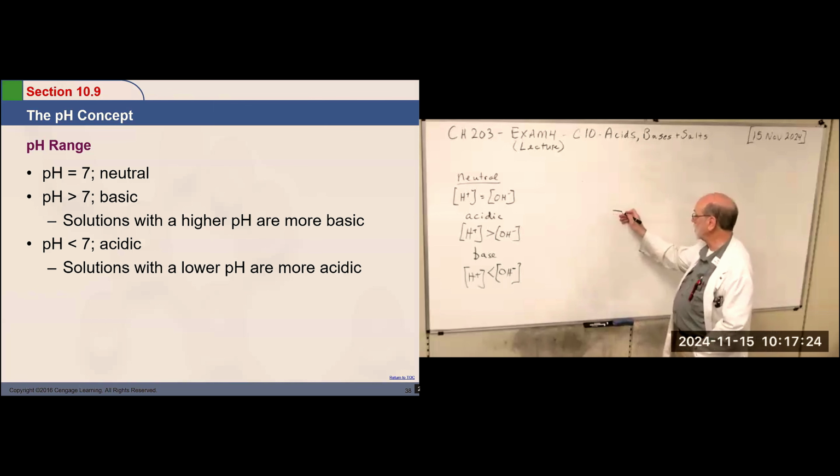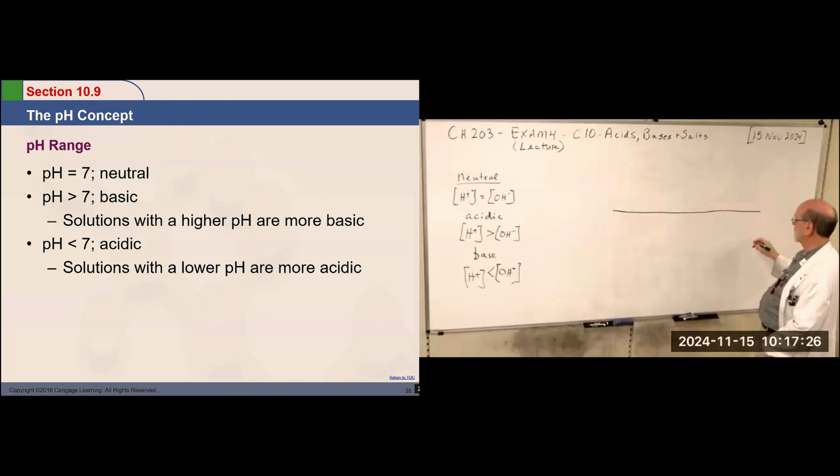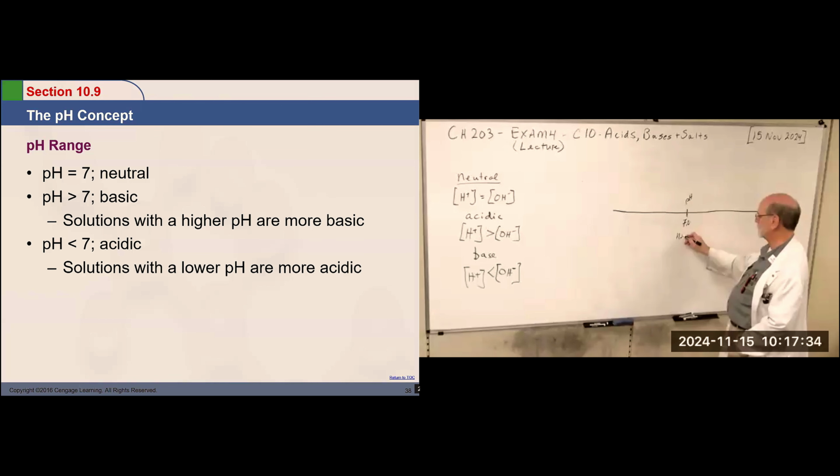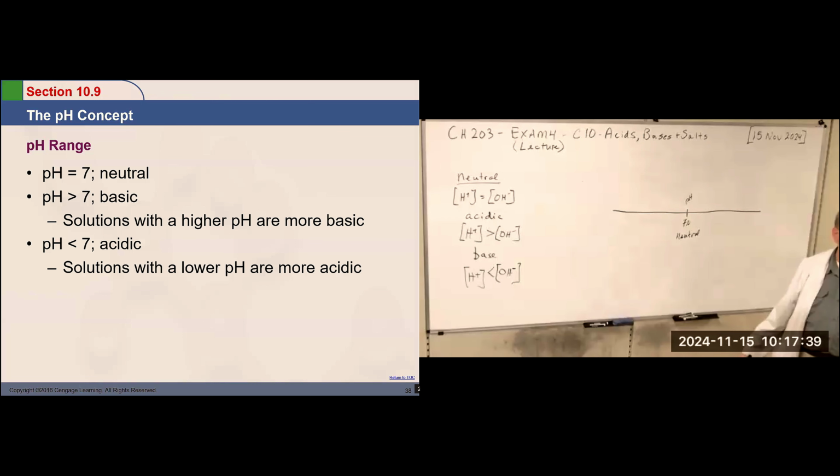So on a continuum, right, in the middle is pH 7. That's neutral. If your pH meter says 7, your solution is neutral. In other words, the hydrogen ion concentration and hydroxyl ion concentration are exactly equal. And more than likely, they're 10 to the minus 7th molar. If we go bigger than that, this side, right, remember, that's basic.